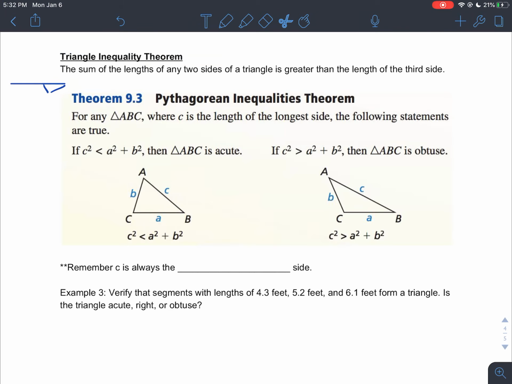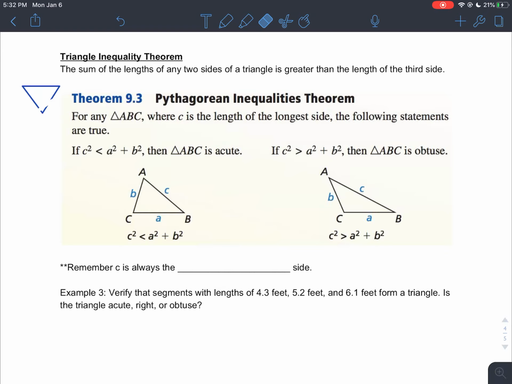You've got one of the sides hanging off. So the two shorter sides together, no matter how long the third side is, have to be longer than it so that the triangle can close at the ends of the points.